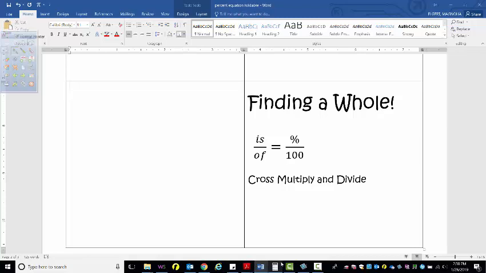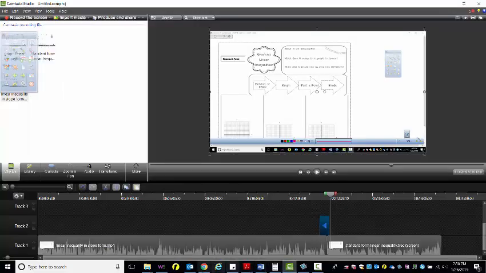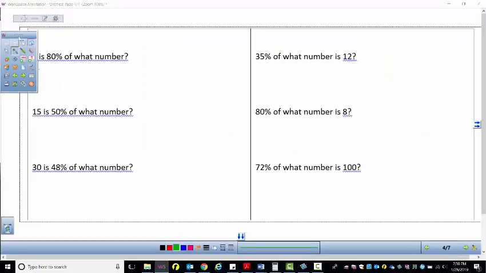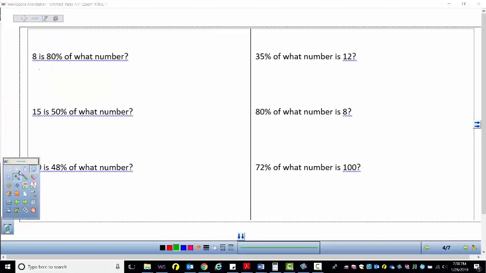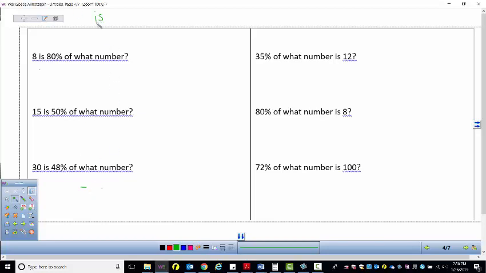So let's go to our note sheet. That should have 8 is 80% of what number is the first one that we're going to look at. Remember our proportion is the is over the of equals percent over 100.